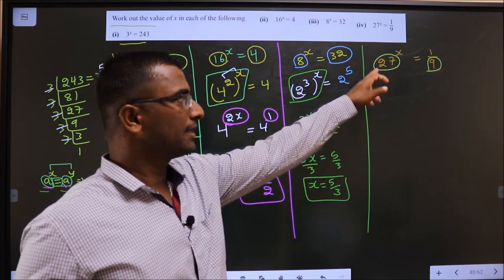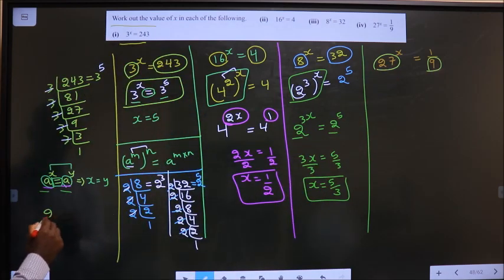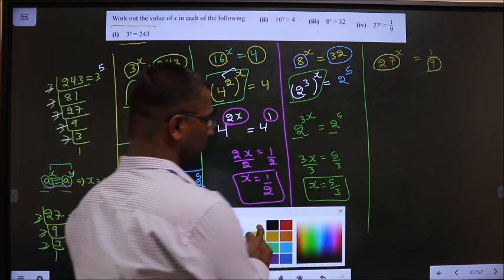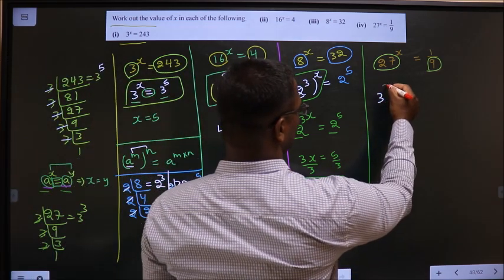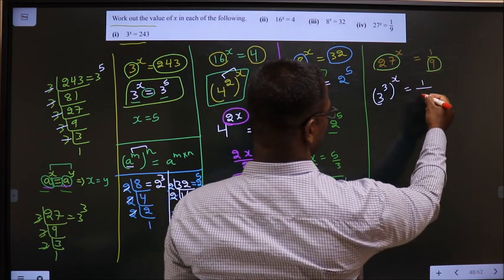For that, take the LCM of 27. So if I take LCM for 27, I get 3 9s, 3 3s and 3 1. So 27 is nothing but 3 power 3. So this is 3 power 3x. And here 9 is nothing but 3 power 2.